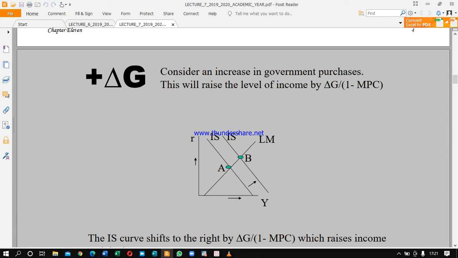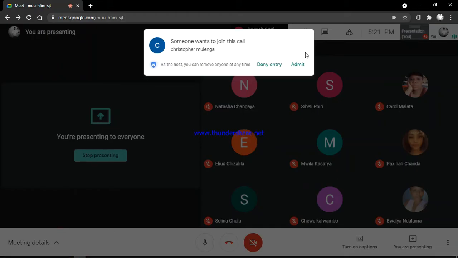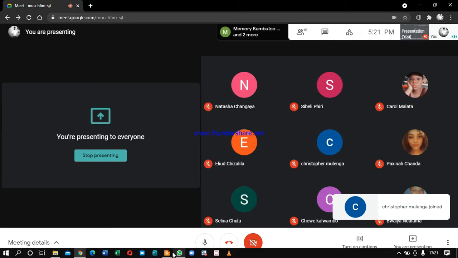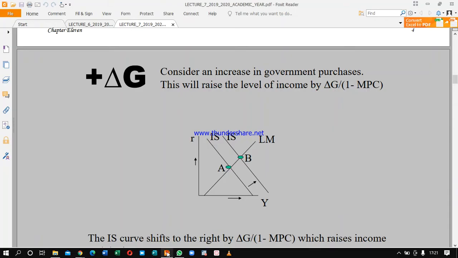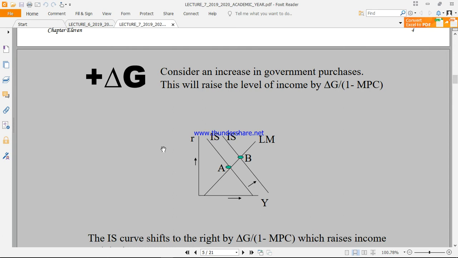If there are some changes in one of the components of fiscal policy, we must then expect the IS curve to shift, because consumption, investment, government expenditure, and taxation programs are all part and parcel of the IS curve, meaning that if any of those components changes, we must expect some changes in the IS curve.